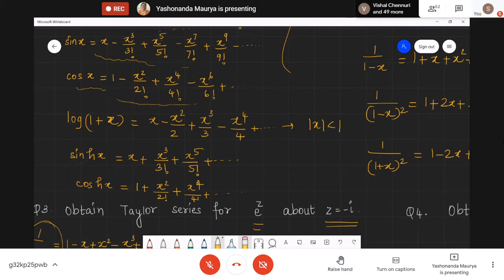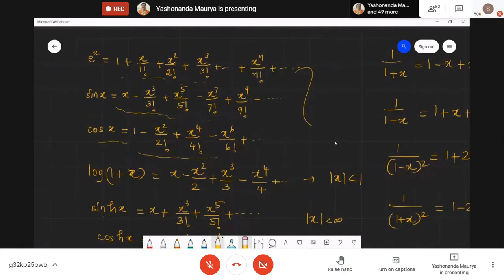Otherwise, all the other expansions are valid for all values of x. So whatever is your x, if mod x is a finite number, then these are the expansions. Whatever value of x we take, they all are valid for all the expansions.